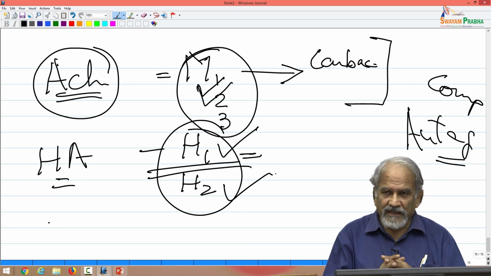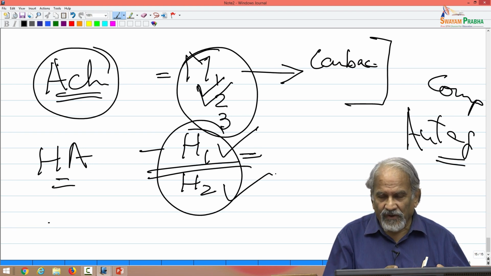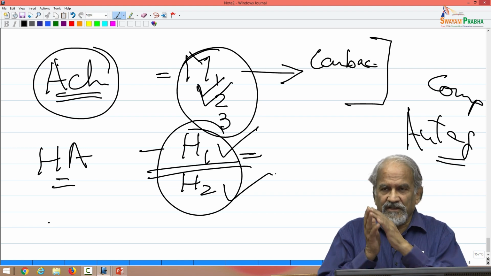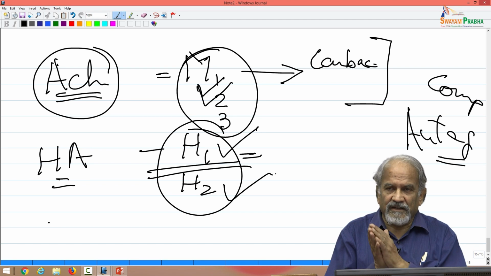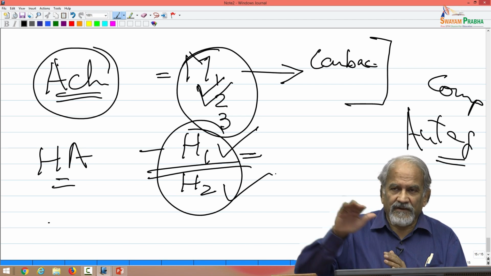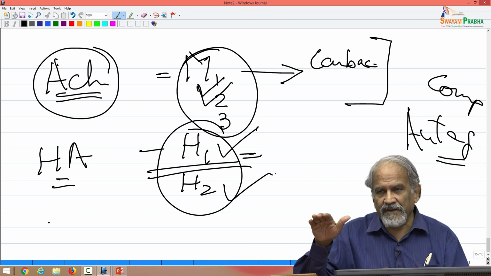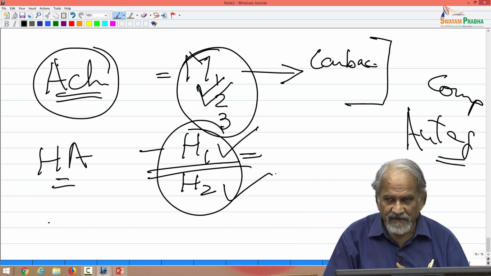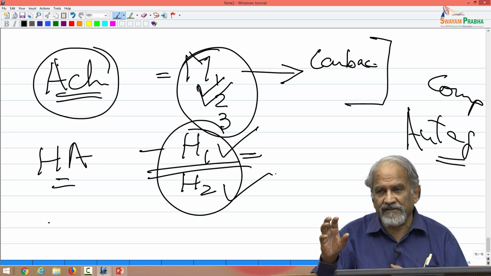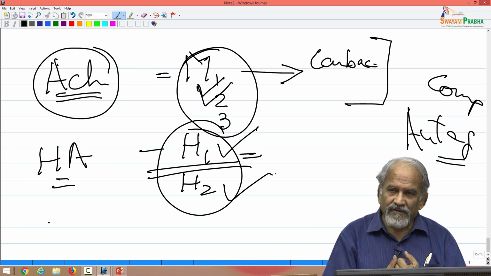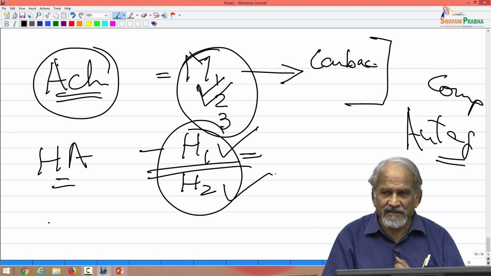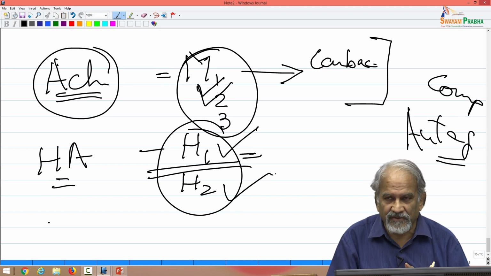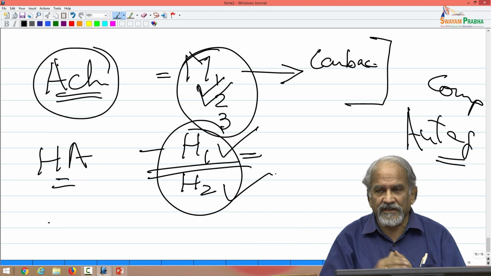When a drug acts on the receptors, it follows linear kinetics, that means the effect increases as the drug concentration goes up, but after a certain limit there will be a maximum, because the receptor gets desensitized. Some receptors always remain silent; they are sometimes called silent receptors, or spare receptors, and then it gets saturated.